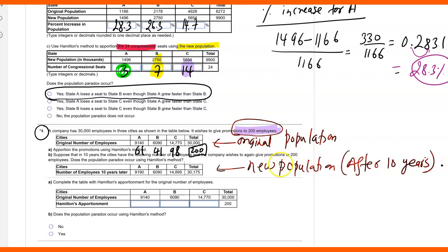Now if you do exactly the same thing for the new population after 10 years, again the number of promotions is 200. You'll get 61 for A, 40 for B, 99 for C.